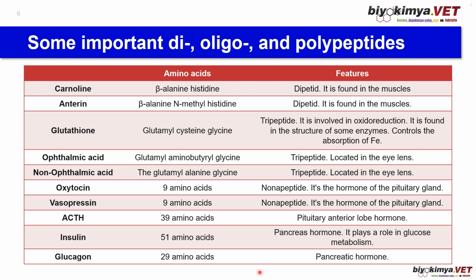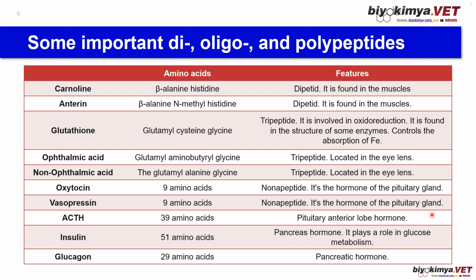Consider the commercially synthesized peptide aspartyl phenylalanine methyl ester, the artificial sweetener better known as aspartame or NutraSweet. And also you see here glutathione, the tripeptide, which is involved in oxidoreduction reactions. It's a potent antioxidant and also part of the structure of some enzymes.